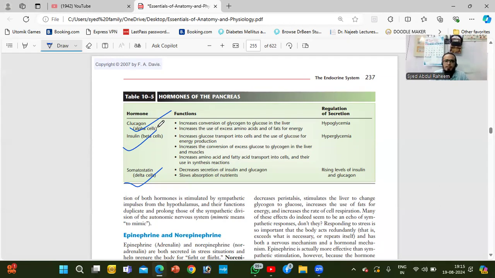Whenever we eat food, it is converted into carbohydrates and goes to the liver, and the liver checks the glucose level in the body. If it is necessary, it will release it into the blood. If it is not necessary, there is already enough glucose in your body, so it will convert the glucose into glycogen with the help of this hormone.